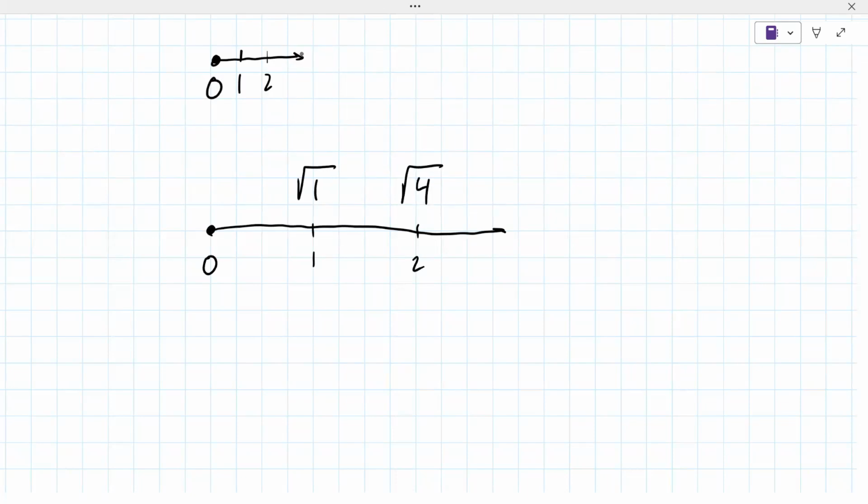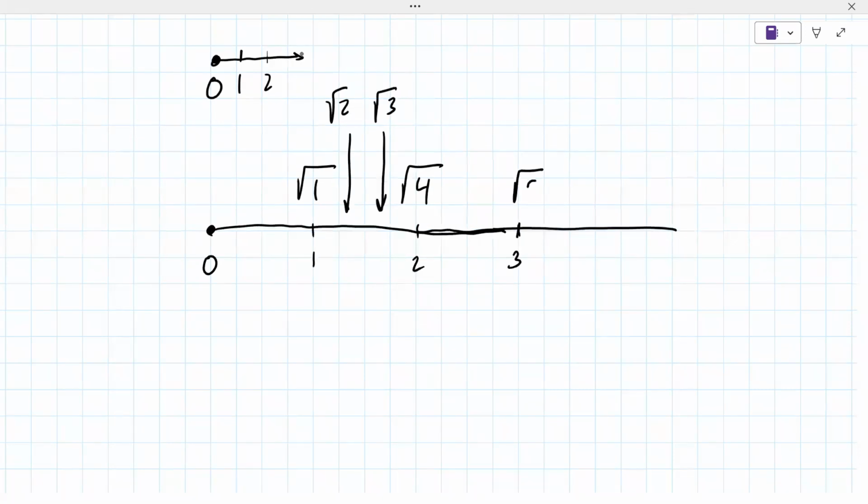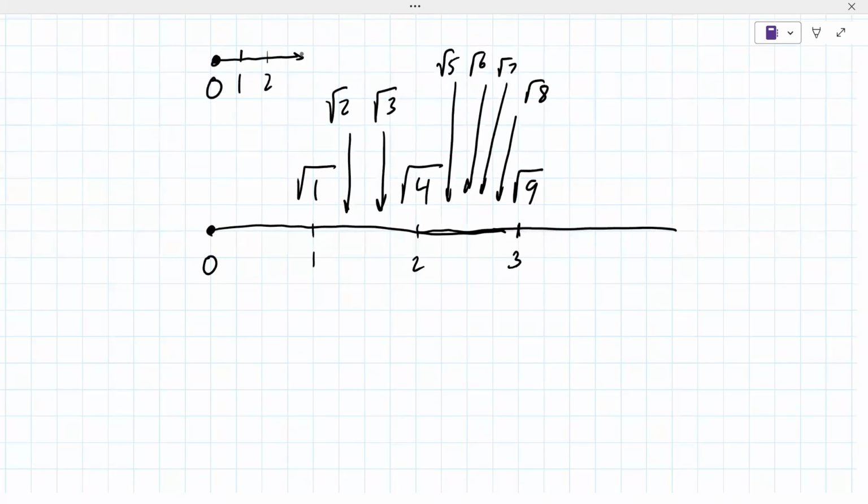Yep. So the square root of 3 is somewhere in here, and the square root of 2 is somewhere in here. Do you agree with that? Yeah. Now, if we go out to 3, which is square root of 9, the square root of 8 is like here, the square root of 7 is there, square root of 6 is there, and the square root of 5 is there.